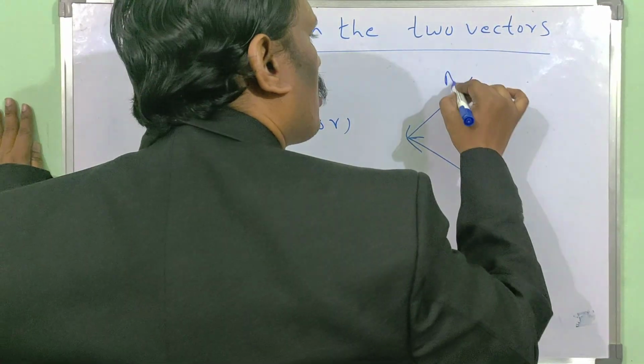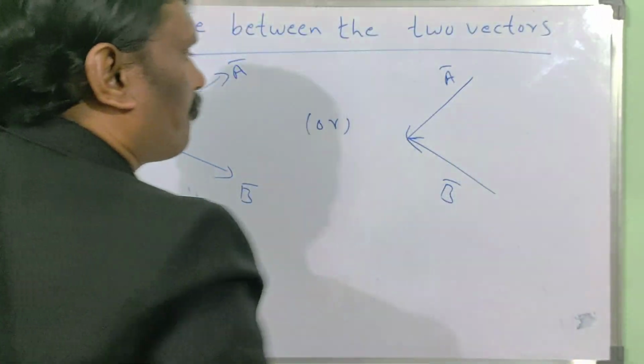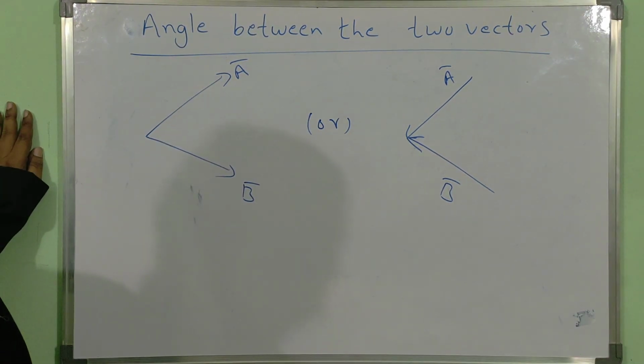So this is the vector A bar, this is the vector B bar. How to take the angle between the two vectors?